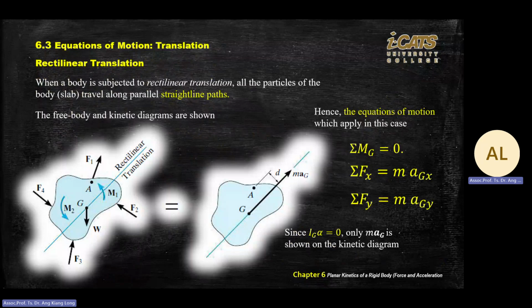If you're having rotational motion, you need to refer to the equation that we learned previously. You need to find the moment about G for a rotational body. So rectilinear is quite simple. Very high chances you are looking at rectilinear motion. Okay, so the rest you read.